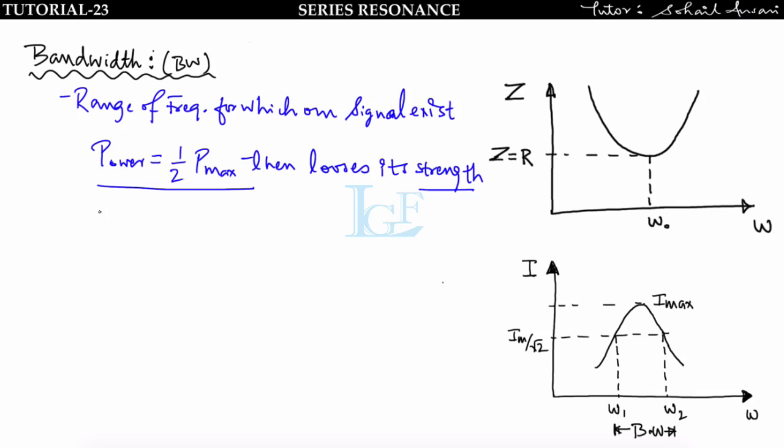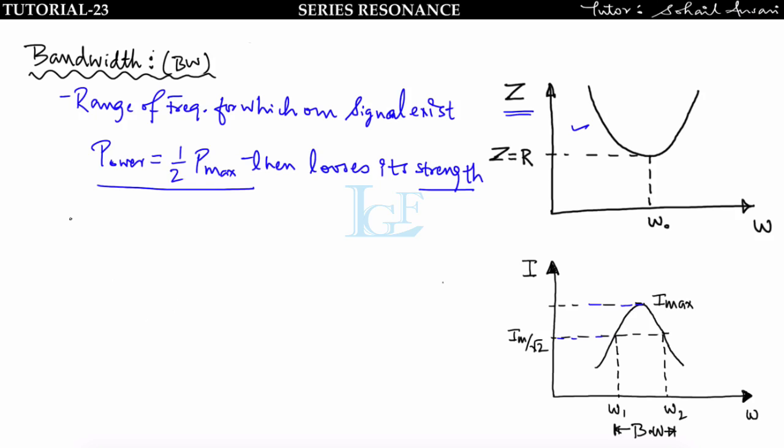In order to find the cutoff frequency, let us suppose a series RLC circuit. We have seen the impedance graph is like this. So the current graph will be like this, just opposite to the impedance. We will get maximum current here, and we will get 1 by root 2 times the maximum current like this. So in order to find the cutoff frequency, what will I do?